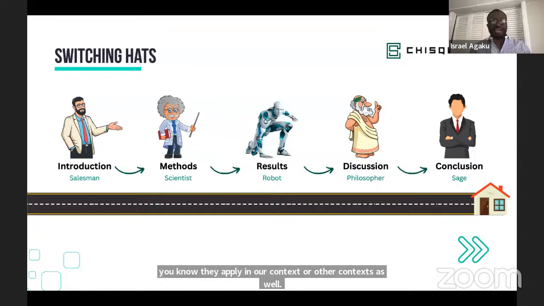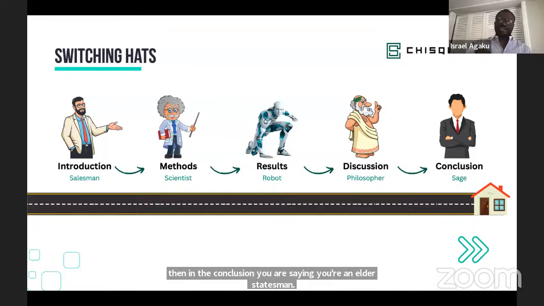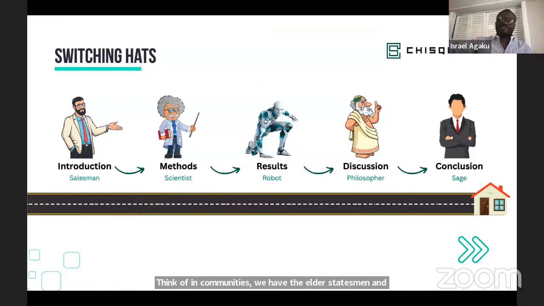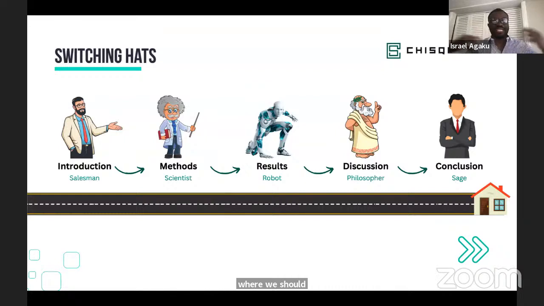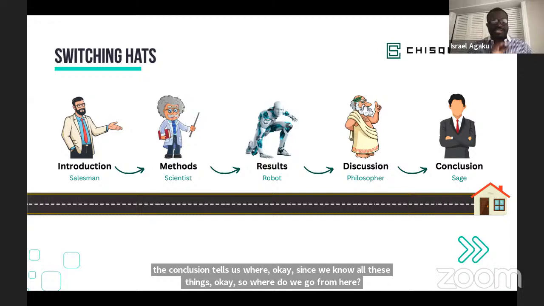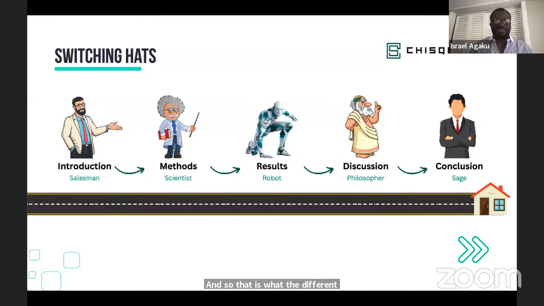Think of communities: we have the elder statesmen, and they are the ones that tell us where to go as a society. If you're the chair of a department, you are the one who sets the direction, the vision. So the conclusion tells us that, since we know all these things, where do we go from here? These are the different roles you have to play.